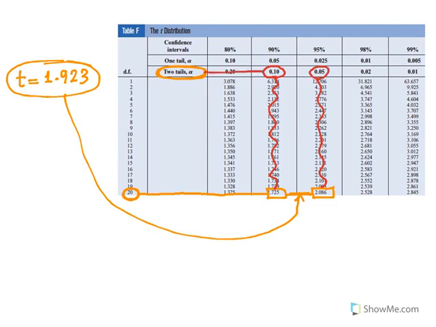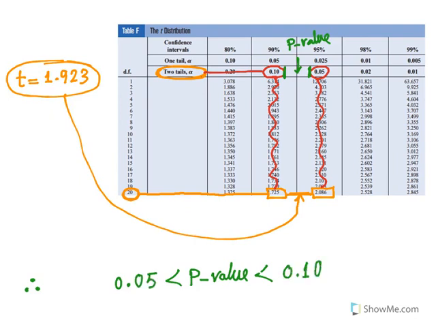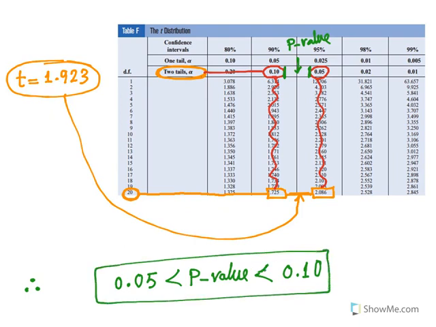And then my p-value is between these two numbers. So I will finally say, therefore, my p-value is between, of course, if you remember what I did in the previous problem, you put 0.05 first and then 0.10. And so this is the estimation for our p-value.